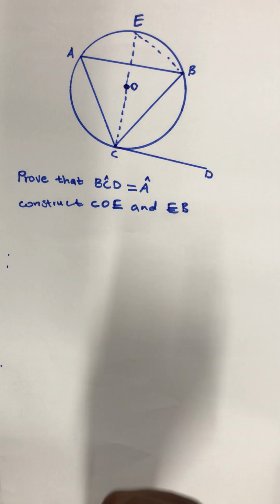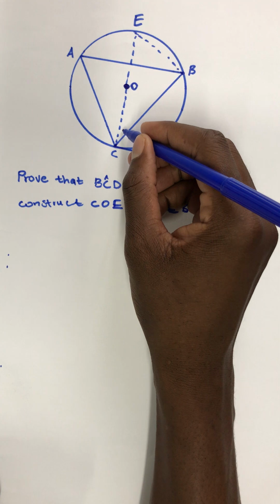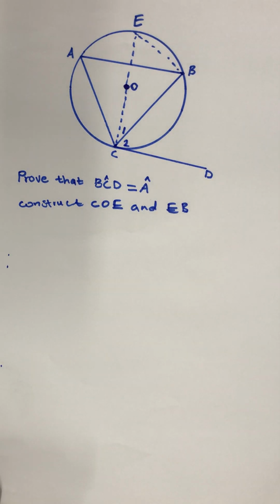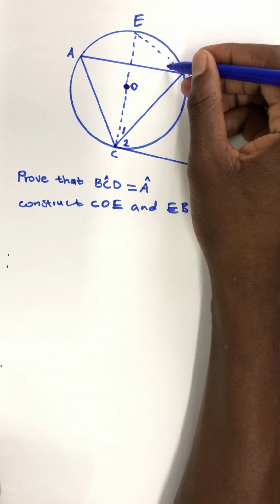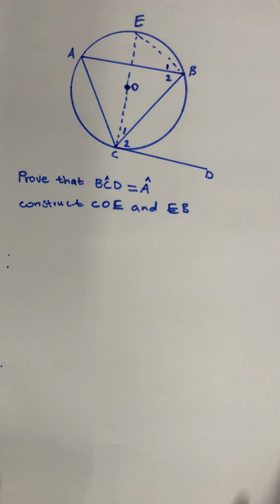So let's say now this is C1, this is C2, just like that. We can also say this is B1, this is B2, just like that.